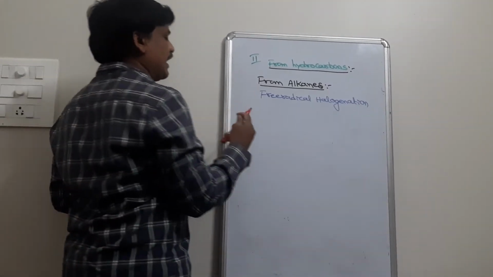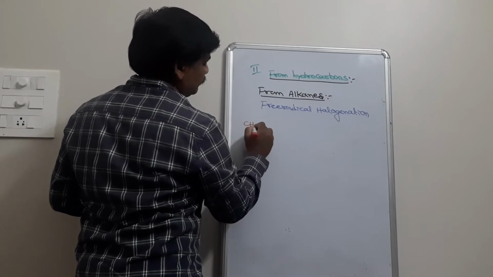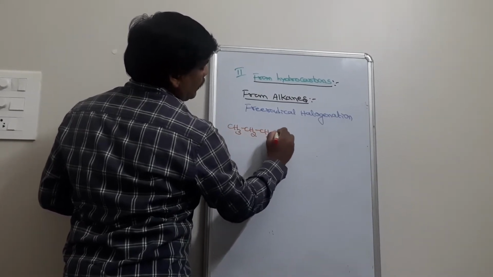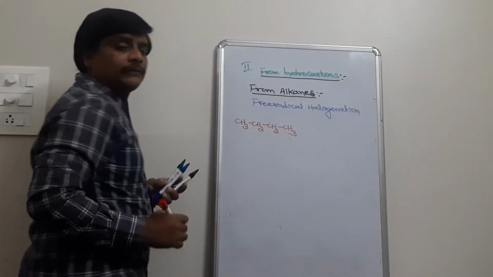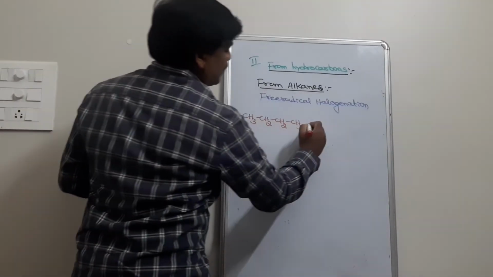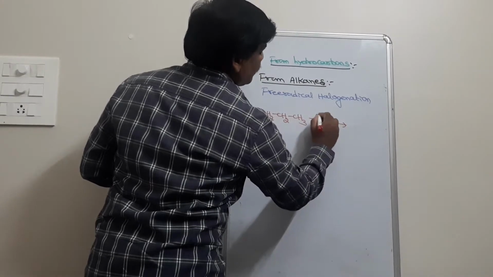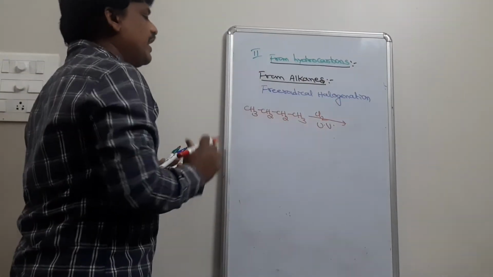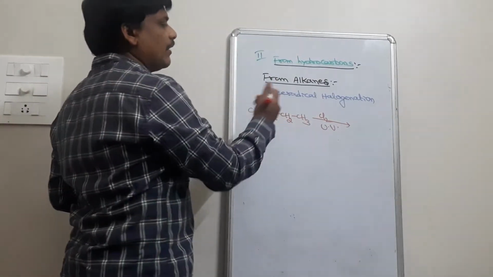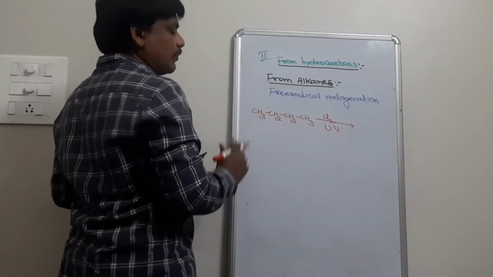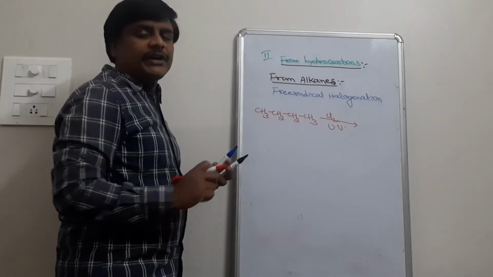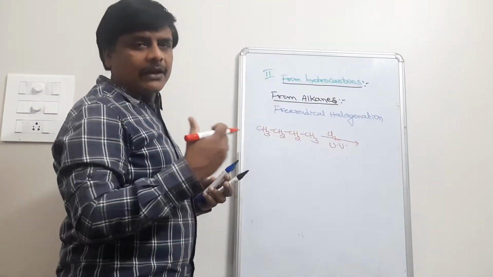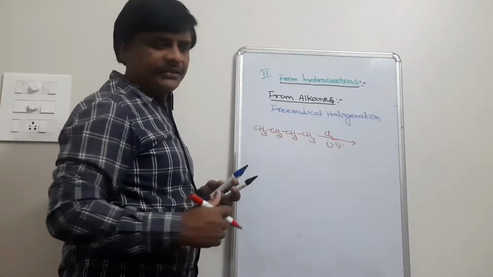For that, take an example. This is butane. It undergoes chlorination in the presence of ultraviolet light. Here we get a mixture of alkyl halides. Since these are saturated hydrocarbons, generally they undergo substitution reactions.